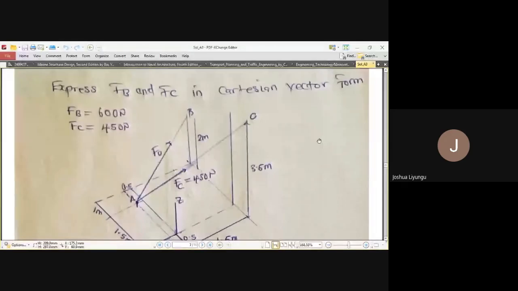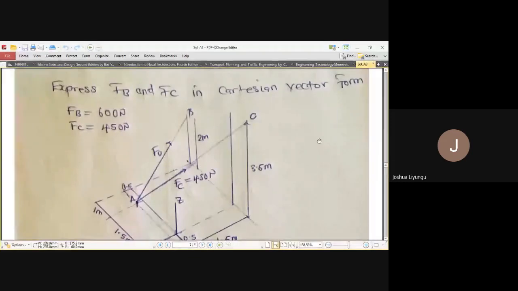How do you find the position vector R? You get the coordinates of A and B, then you put them into Cartesian form, which is the position vectors of A and B. Then you subtract B minus A. Then after that, you find the unit vector.